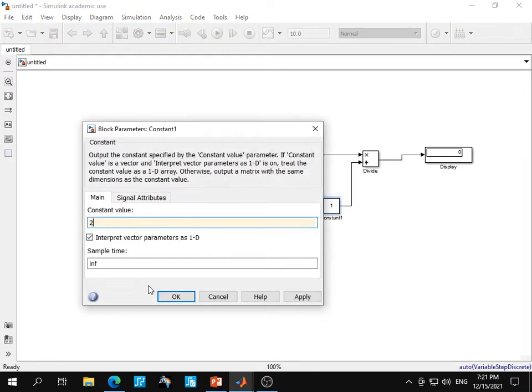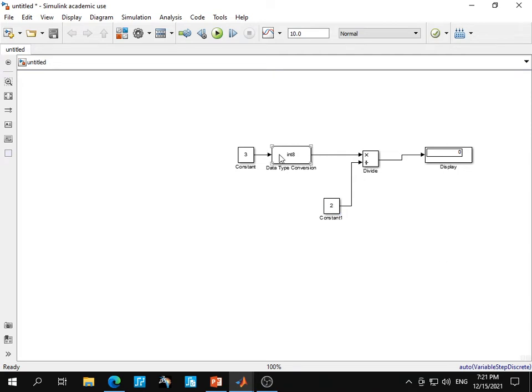And let me divide it by 2. So 3, now it's a double.